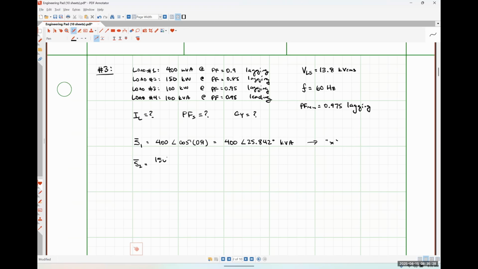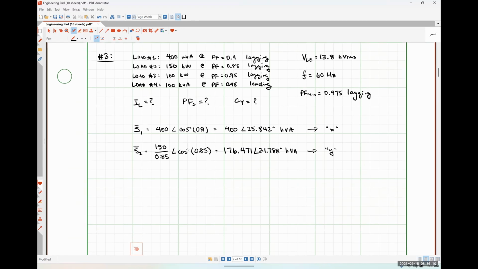So that'll be 150 divided by 0.85 with an angle of the inverse cosine of 0.85. And I got 176.4705. So let's call that 471 with an angle of 31.788 degrees kilovolt amperes. And I'm going to store this in my calculator as Y.